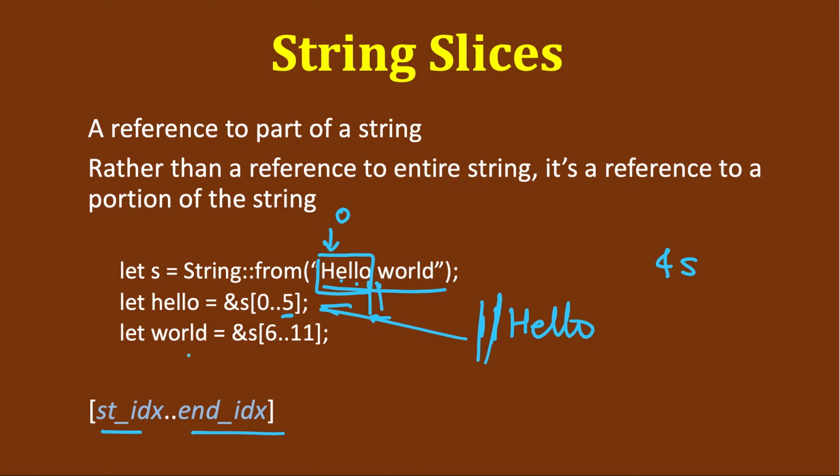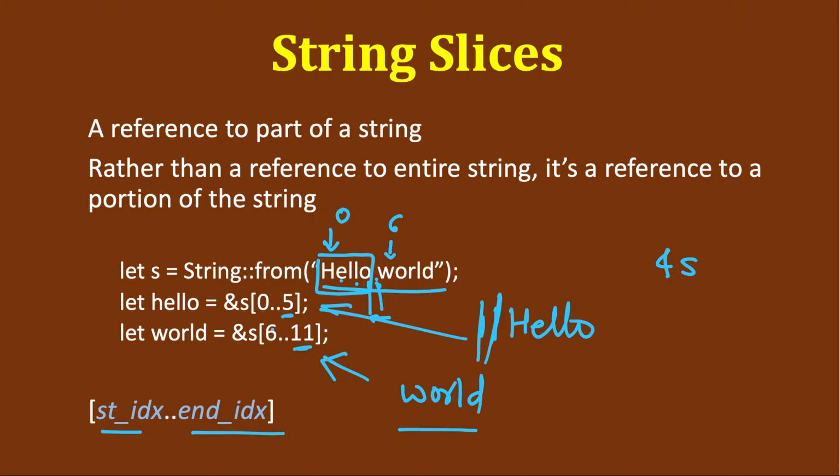And world is 6. So this was the 5th index and W was at the 6th index, and then 11. So the last index is 10, so we have to add one more to it. So 11. So this will include world. Internally, the slice data structure stores the starting position and the length of the slice, which corresponds to end index minus start index.